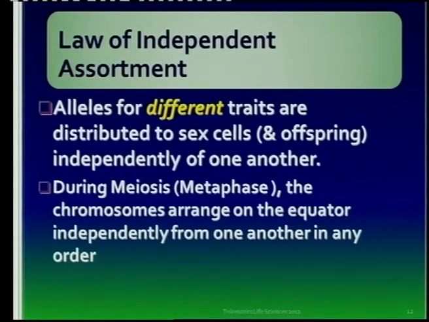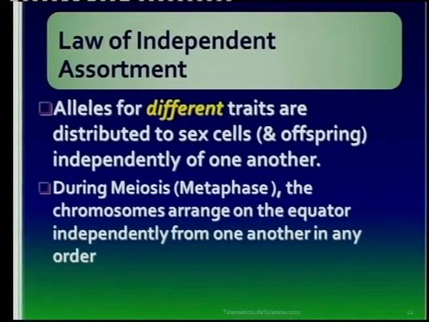We've just talked about Mendel's first law of segregation. His second law is the law of independent assortment. Let's see what that means. The alleles for different traits are distributed to the sex cells, in other words the gametes and the offspring, independently of one another. That means that each allele for each characteristic will be sorted independently.